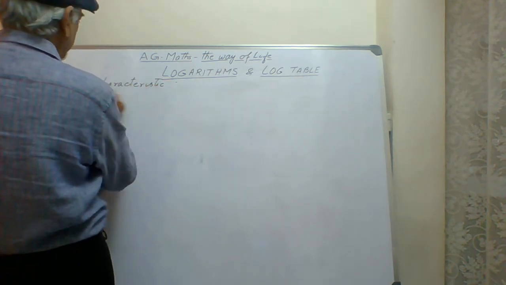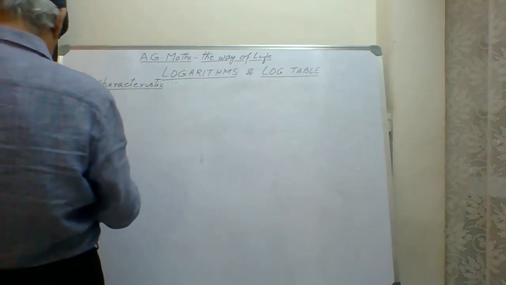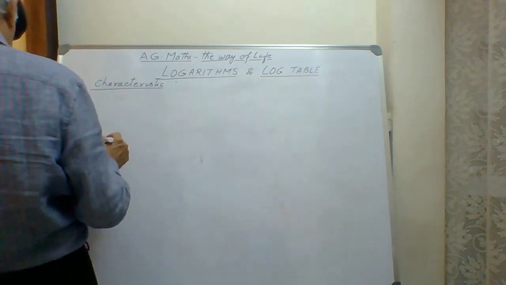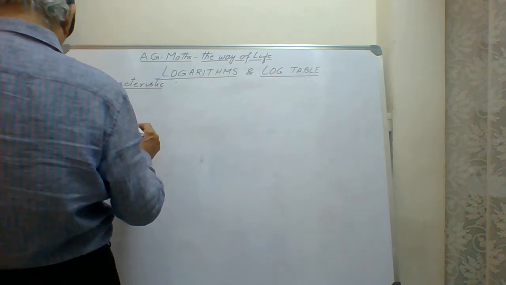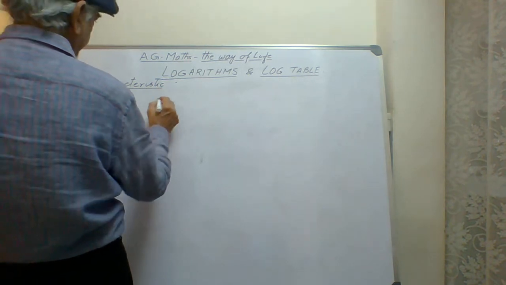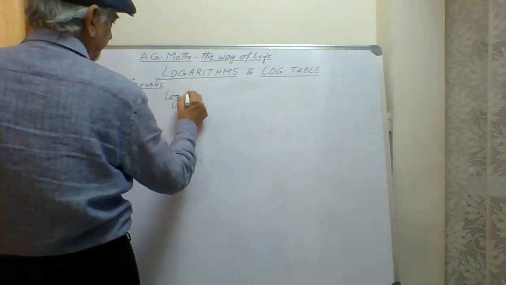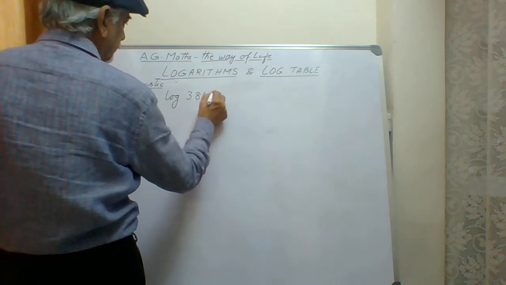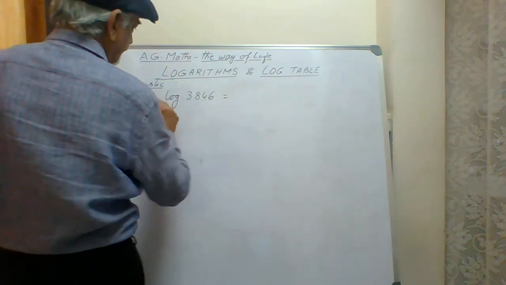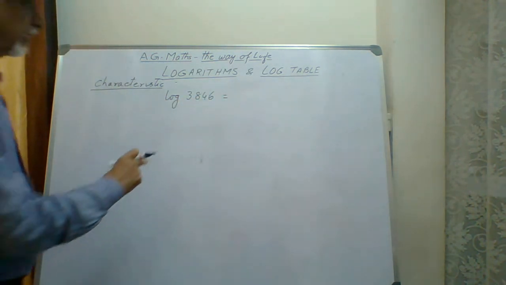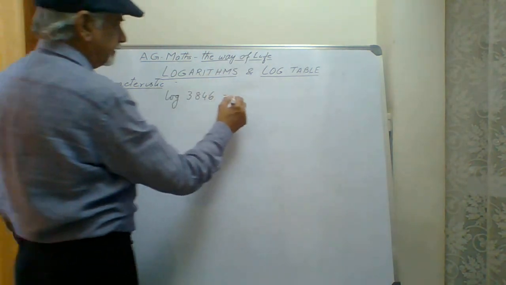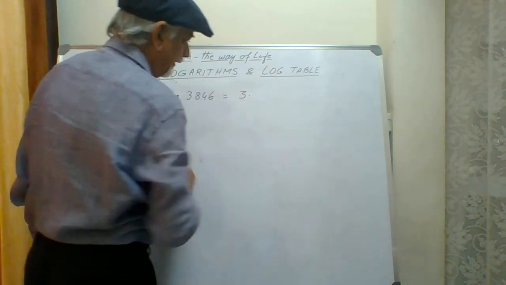If I write log of 3846, what is the characteristic for this? There are 4 digits here, so the characteristic will come as 3.